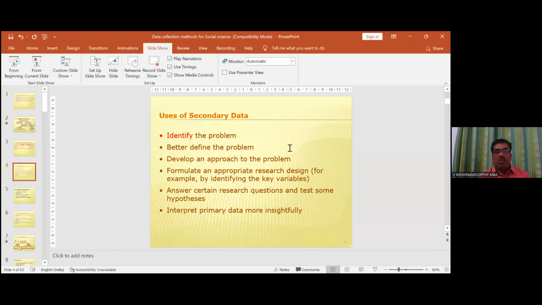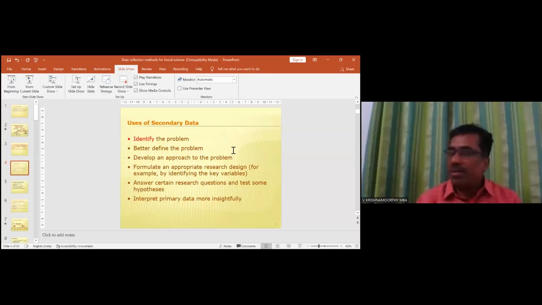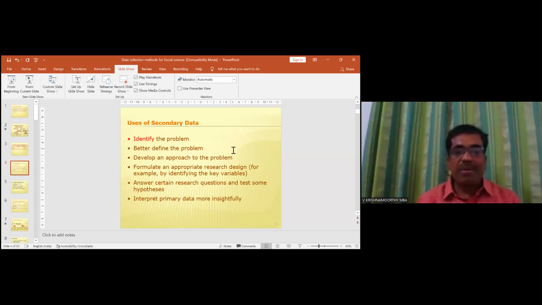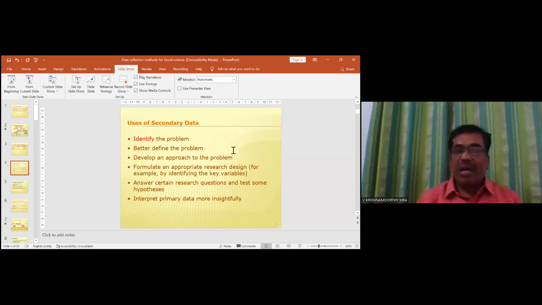Similarly, you can also interpret primary data more. What does this mean?